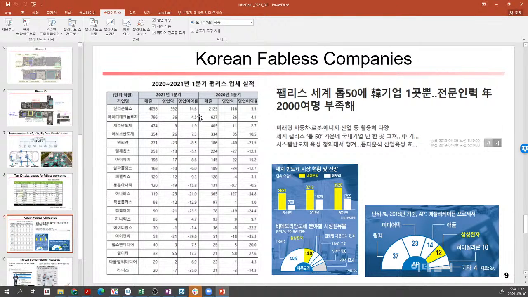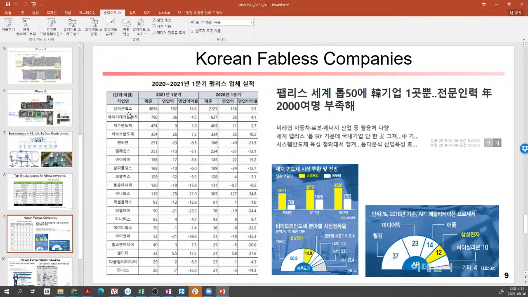So if you look at the Korean Fabless company list, we have Silicon Works at the top, and the second one is AD Technology, and so on. Silicon Works' name has now changed to LX Semiconductor. That is owned by LG Electronics.